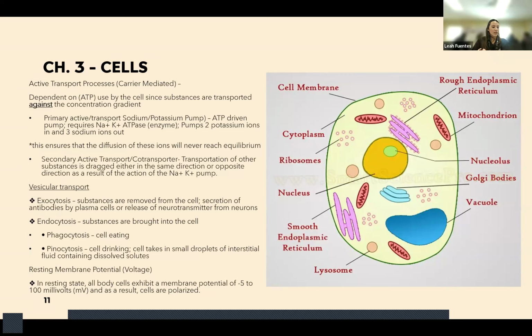Microfilaments are involved in changes of the cell shape. And then the intermediate filaments act to resist pulling forces on the cell.